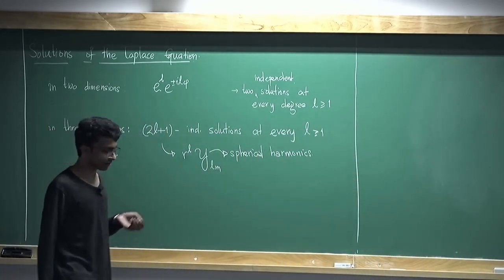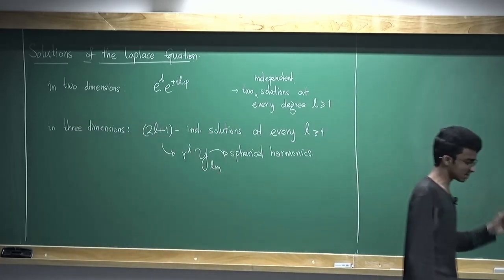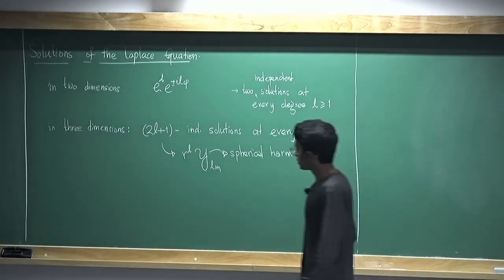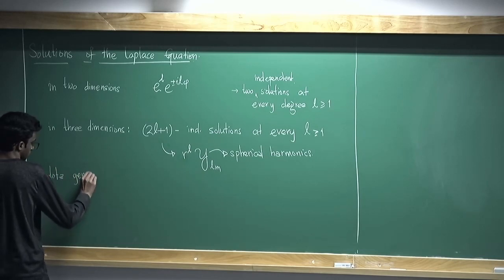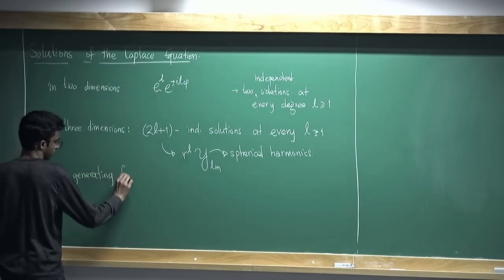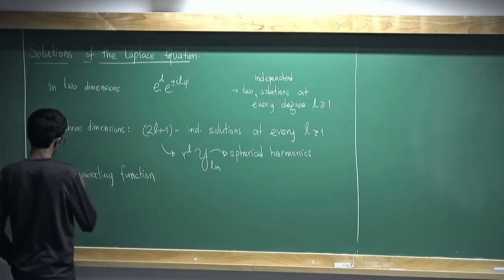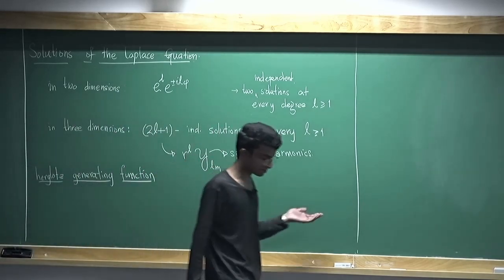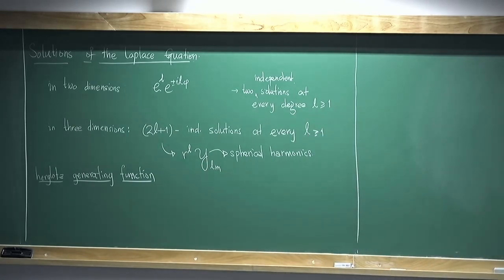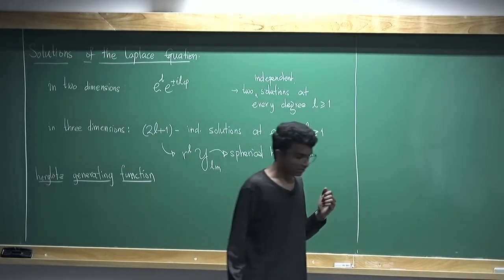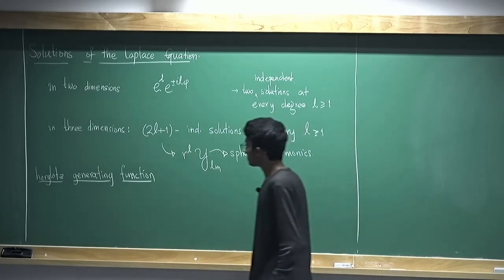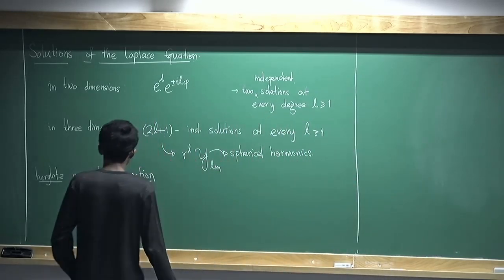There exists a very simple method to derive these d equal to 3 spherical harmonics, which is called the Herglotz generating function. This method can't quite be generalized to an arbitrary number of dimensions due to a set of reasons, but in d equal to 3 it works well, and that's the dimension we'll be interested in. Okay, great. So let's begin.